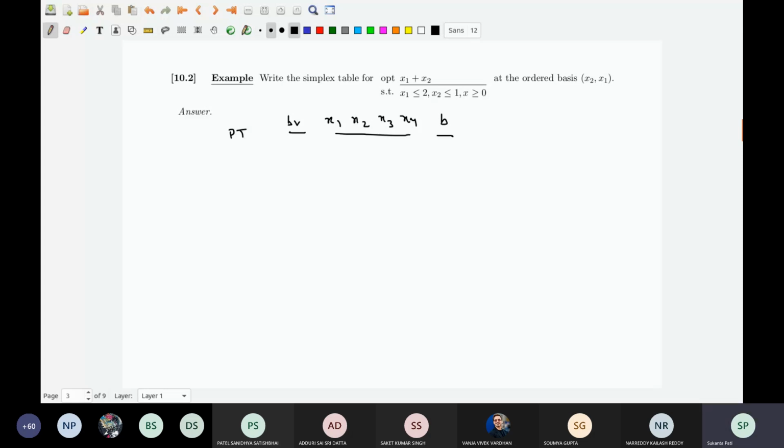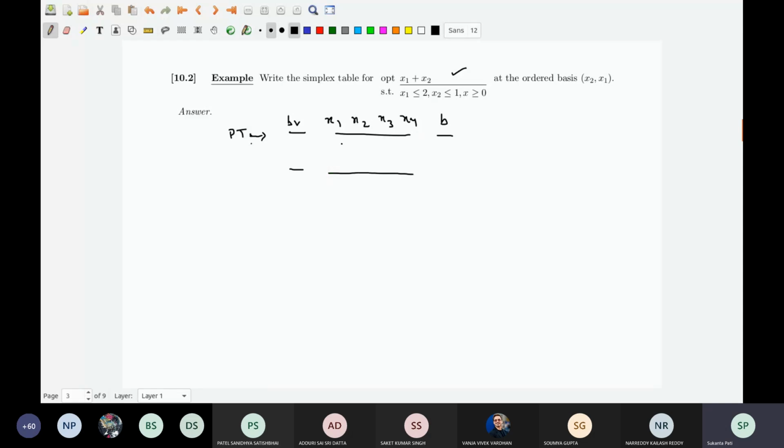Since I am writing the problem table now, I am just writing a table to denote the problem. I am not aiming to write the simplex table at a given basis or at a given BFS. So for the problem table, there is no information of basic variable required. Here, this is x1 less than or equal to 2.